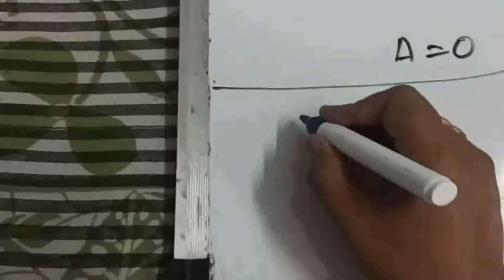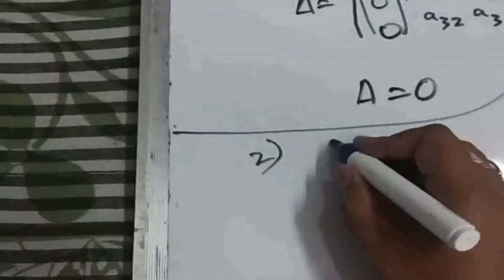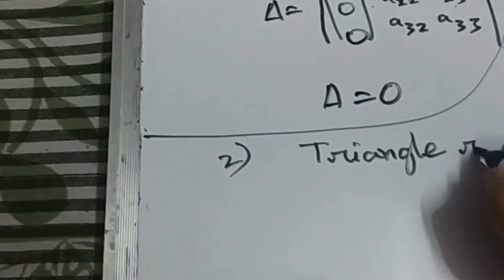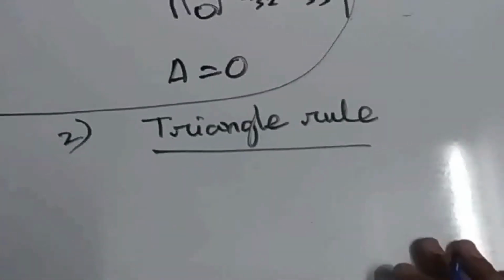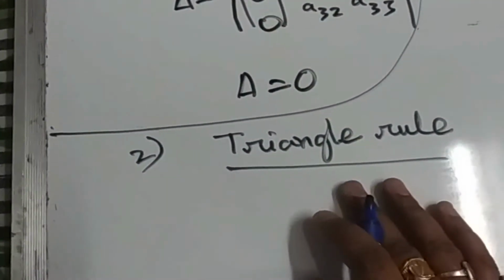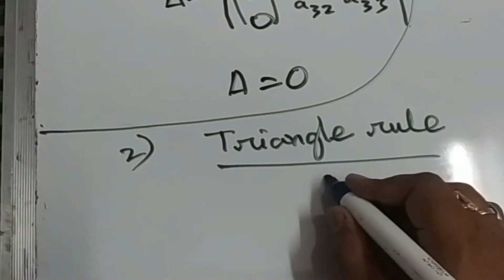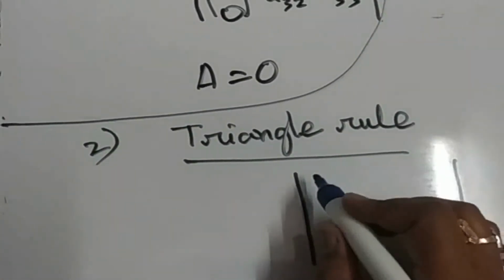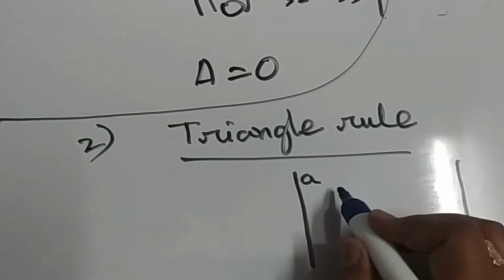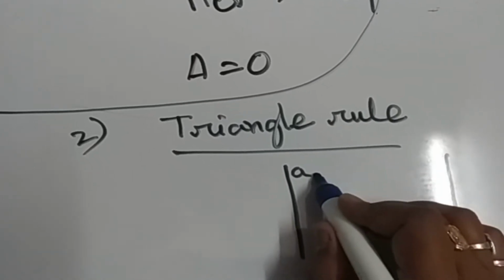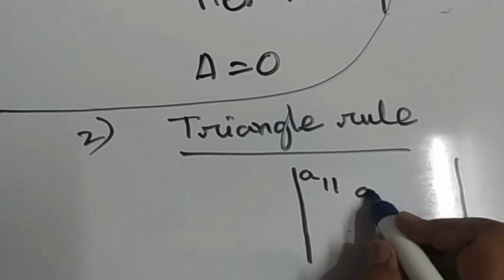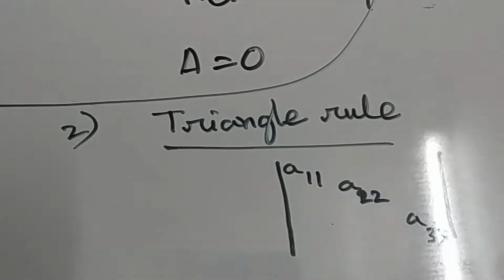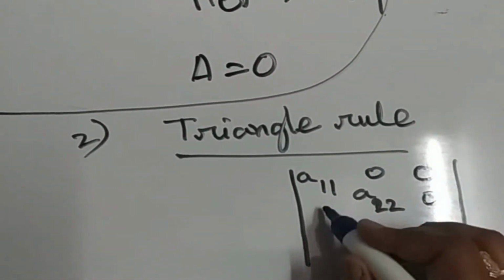Okay, the next one is the triangle rule. Triangle rule is what? You know, if the 3 into 3 determinant is the determinant of a diagonal matrix, means this 1 1, 2 2, 3 3, and here 0 0, here 0, here 0 0 0.